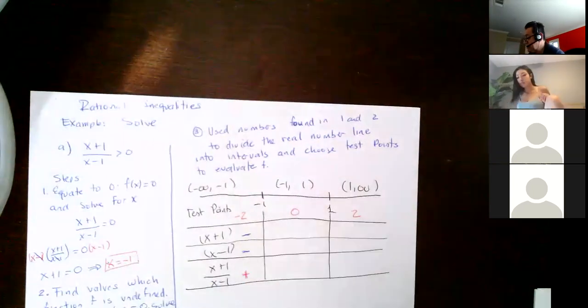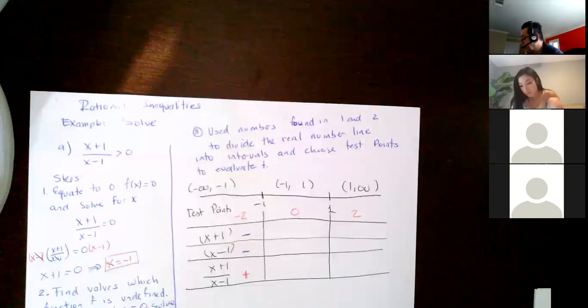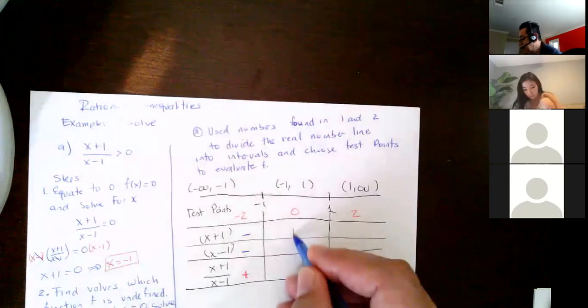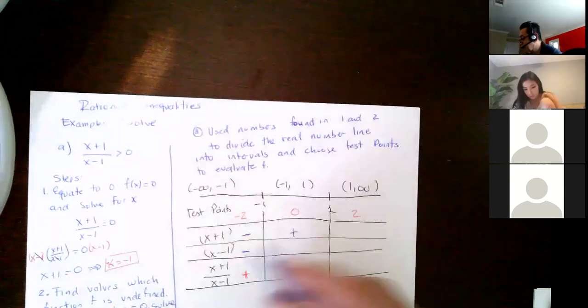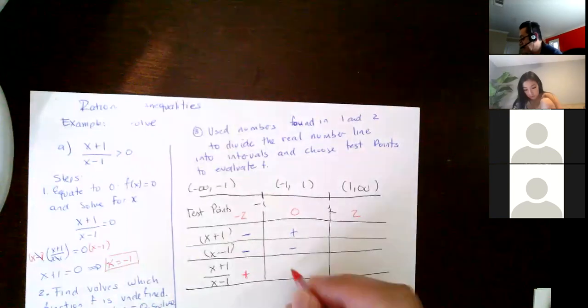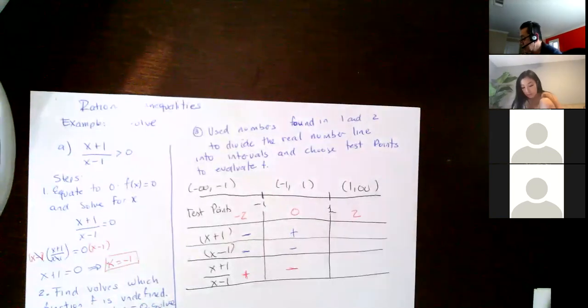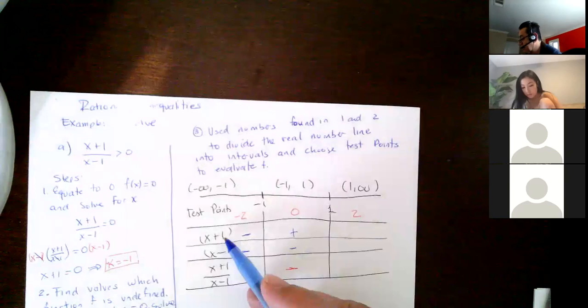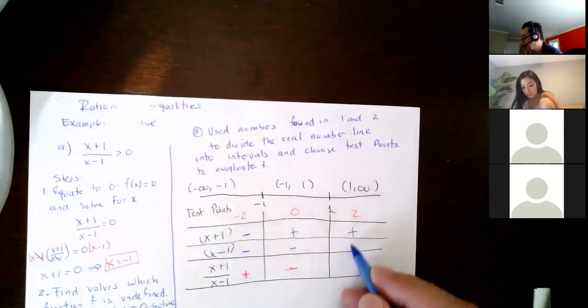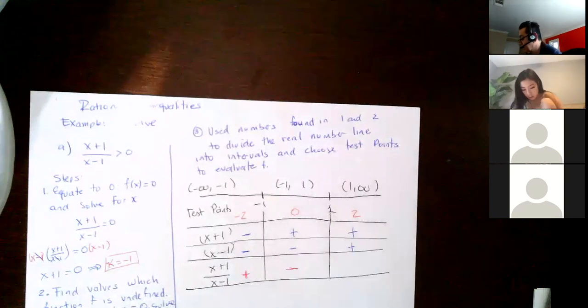If I plug in the 0 in x plus 1, that would be a positive. If I plug in the 0 in x minus 1, that would be a negative. Positive divided by negative is a negative. If I plug in the 2 in x plus 1 it is a positive. If I plug in the 2 in x minus 1 it is a positive. Positive divided by a positive is a positive.